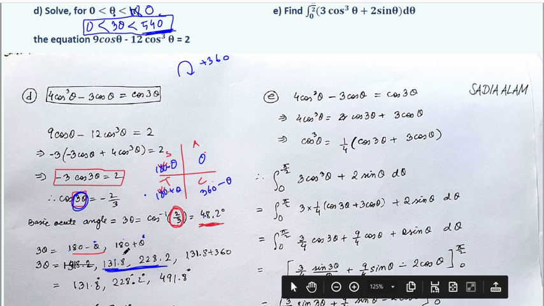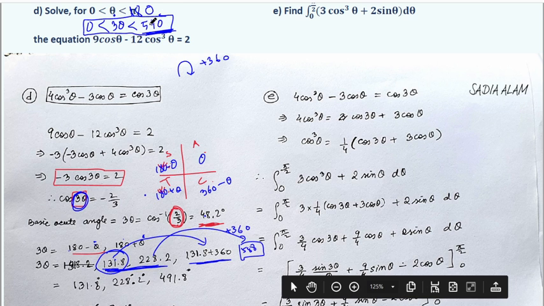So for the first angle after rotation, this will be 131.8 plus 360. I didn't use extra values. You could have added 360 to the second value, 228.2 plus 360, but that's actually 588 something. So that will be out of the range, right?